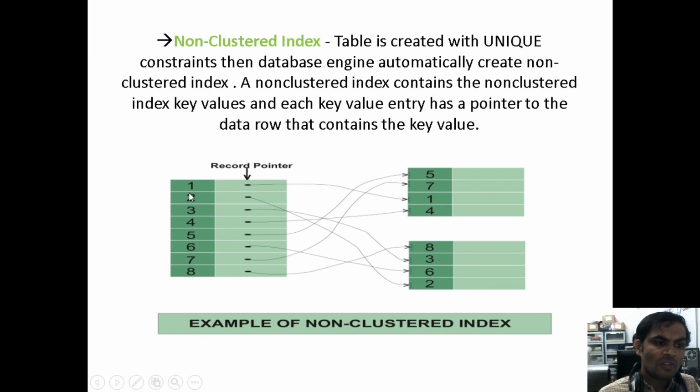See here, 1 2 3 4 8. It is a record pointer. The record pointer points to the first record's key value, and randomly it passes 8, then 7, 6, 5. It is random under the non-cluster.